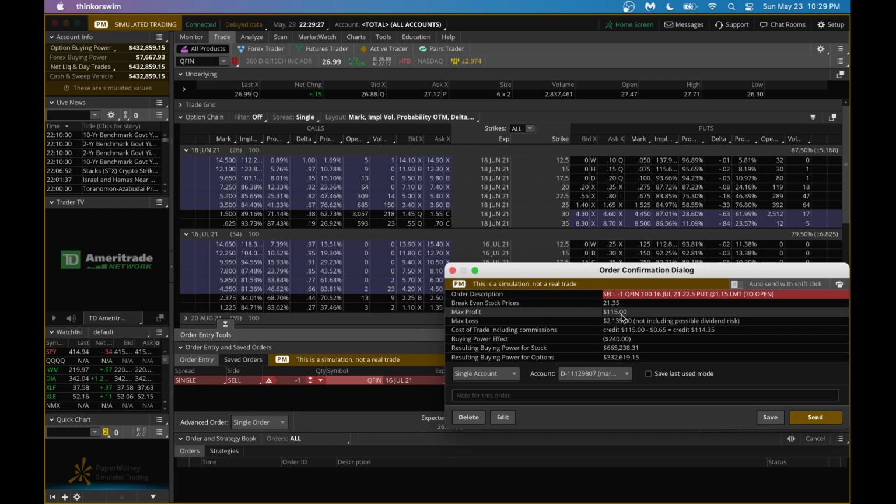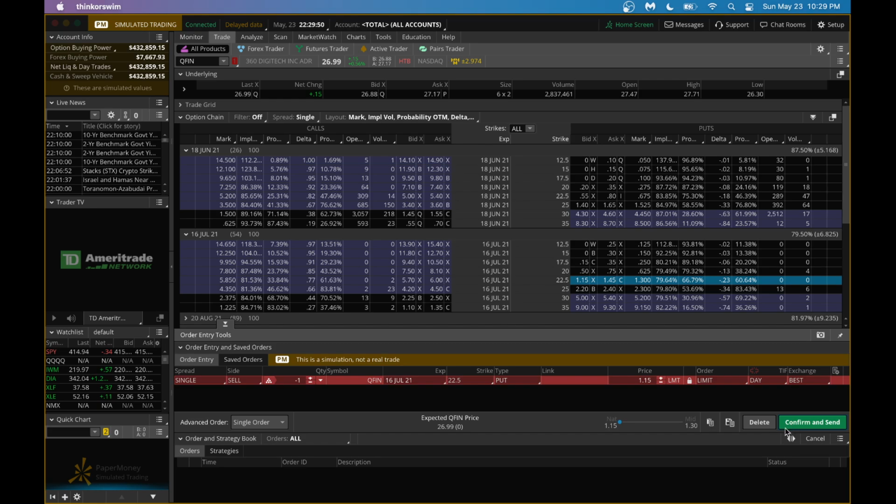So that's one way to play. You can just sell this, and if the stock really goes up after earnings, you can just buy back this put option. If it goes down, you get to buy the stock at 22.5, or you can even use other strategies like rolling up and taking it from there. So that's one way to play.